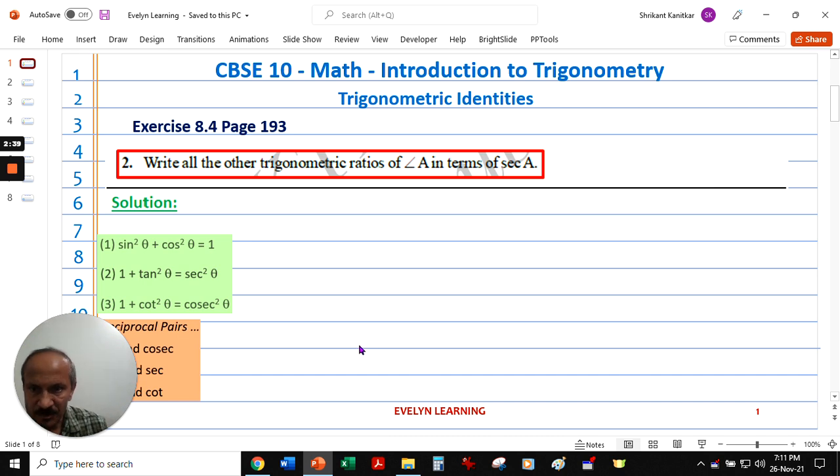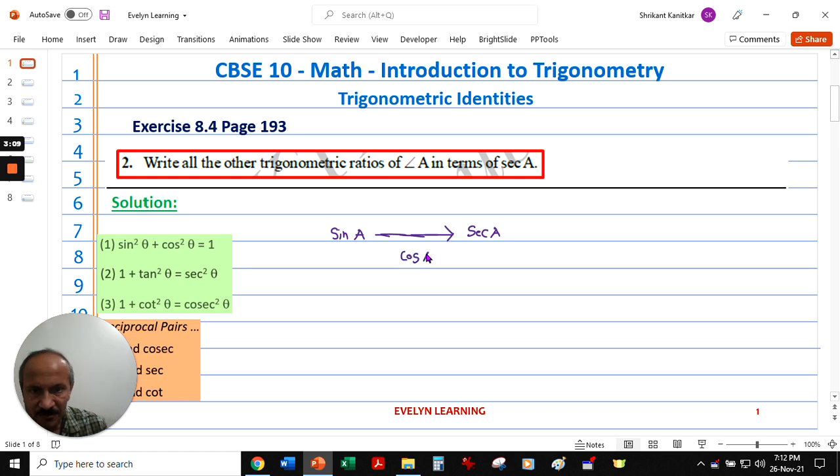So let's solve this question now. How to write the other trigonometric ratios of angle A in terms of secant A. So I am going to go in a sequence. The first trigonometric ratio that I am going to express in terms of secant A is sin A. Now to express sin A in terms of secant A, there is no direct relationship between sin and secant.